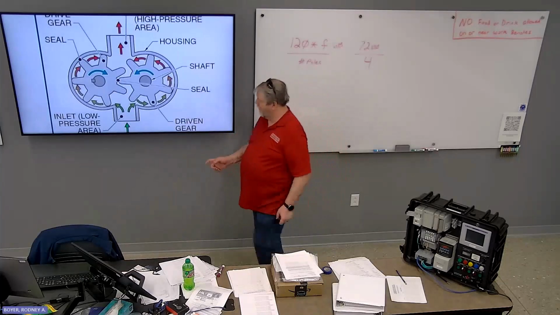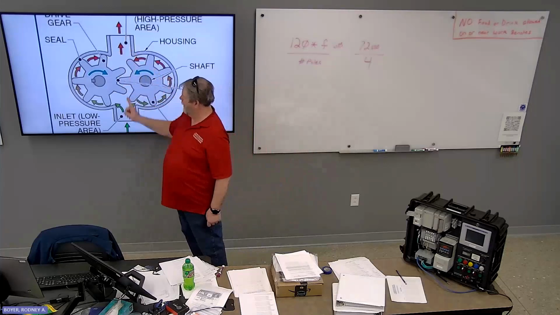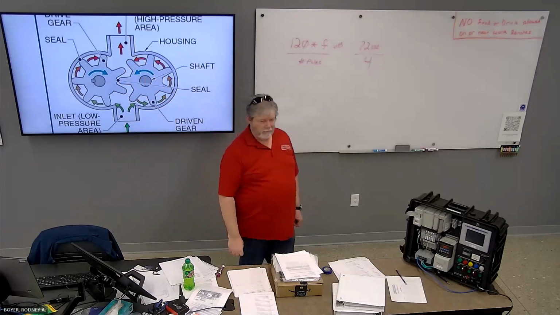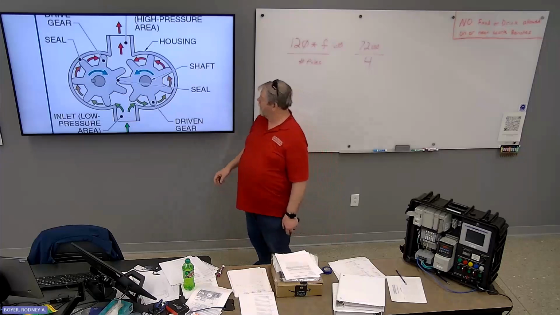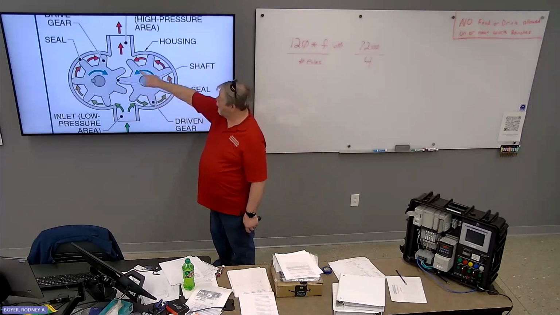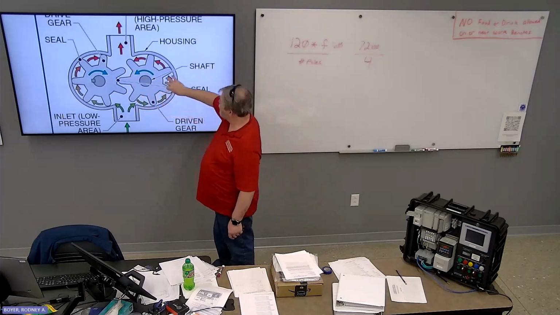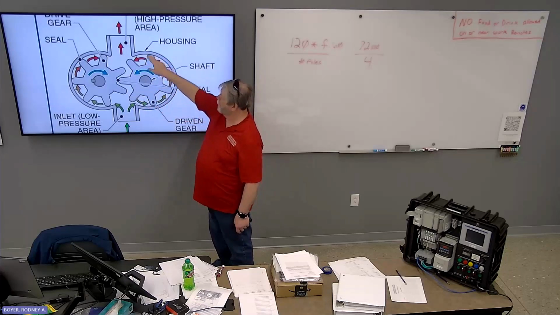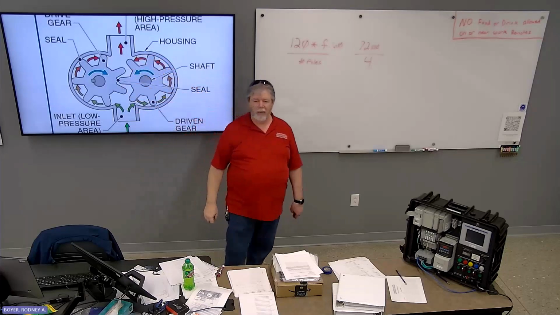You would think that the fluid would want to go like that. Well, there's no way to capture the oil in here. It only gets captured here because these lobes are in contact with the inner surface of the pump housing.